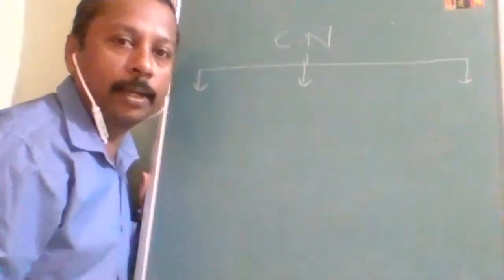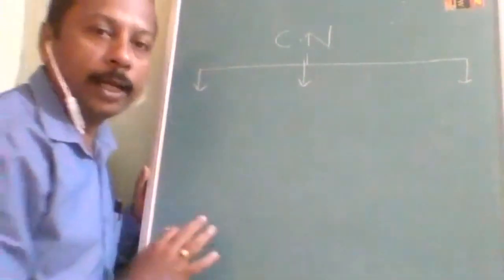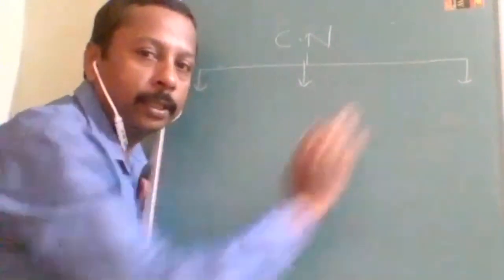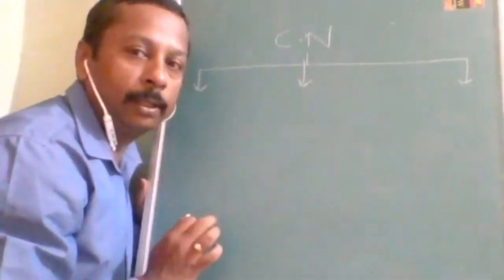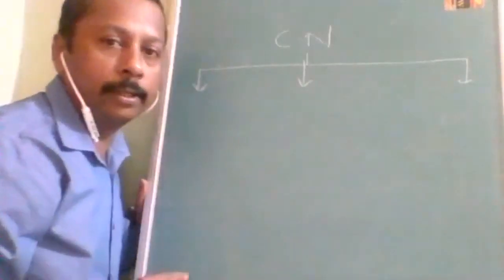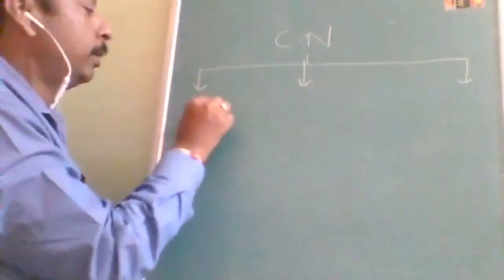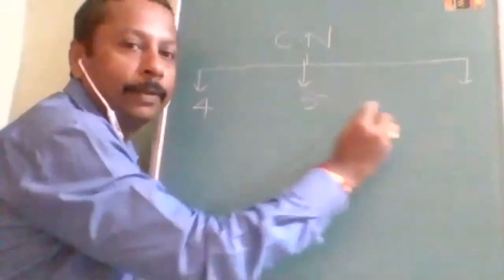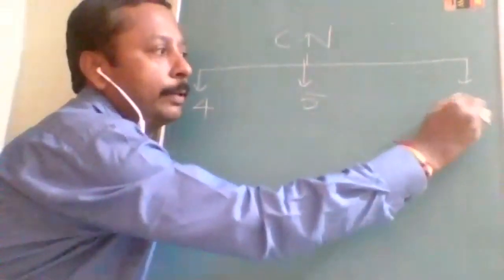From the exam point of view, these three are essential. Others are also possible, but 99% of questions will be only these three: coordination number can be 4, 5, as well as 6.